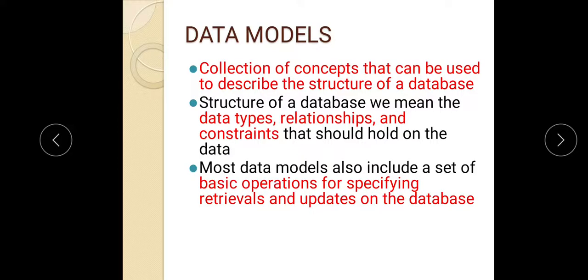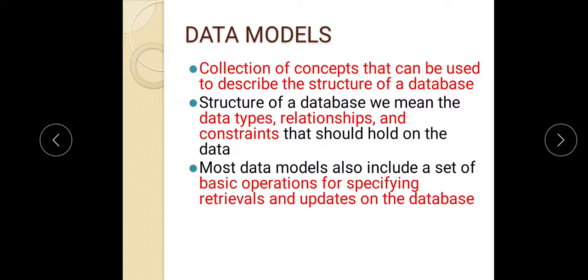So what do you mean by structure of the database? Structure means the data structure, the data types: the type of data that can be stored in the database, the relationship with the different databases, and the constraints or the rules that hold on the data.